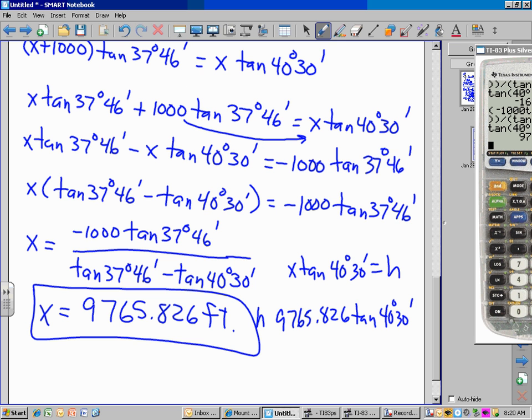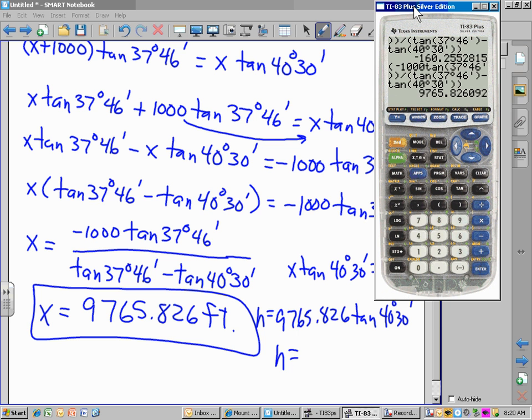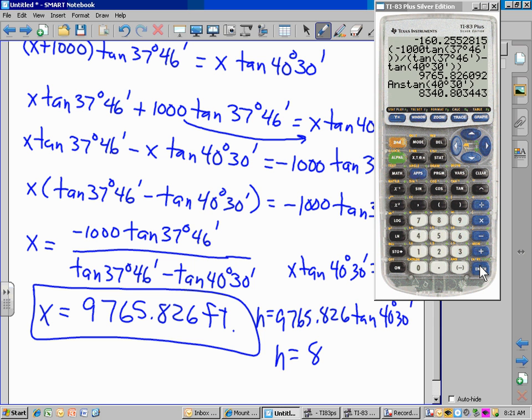That's equal to h. So h is what I just had. So I'm just going to say my answer times a tan of 40 degrees, 30 minutes. So there it is. 8340.803 feet is the actual height of the mountain.